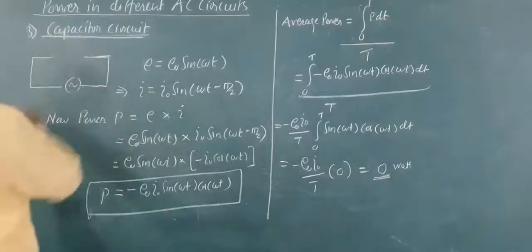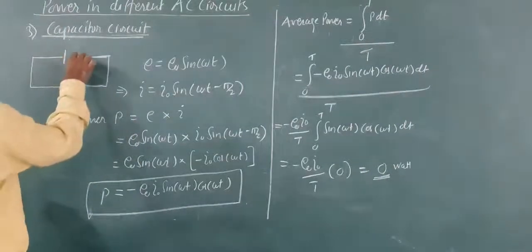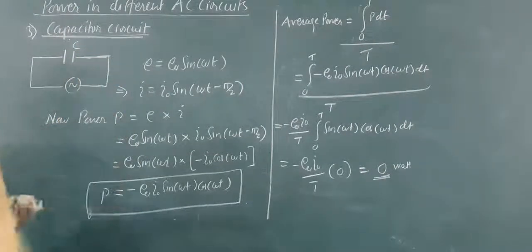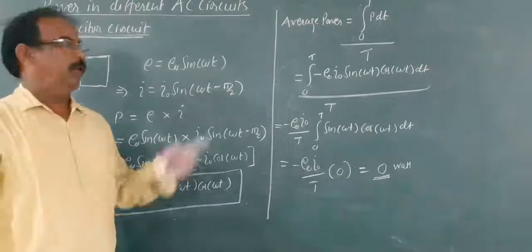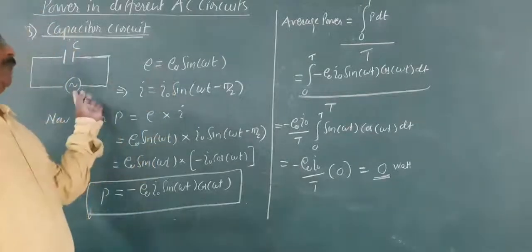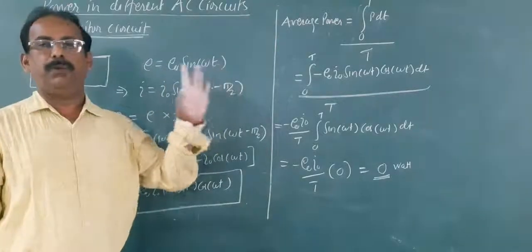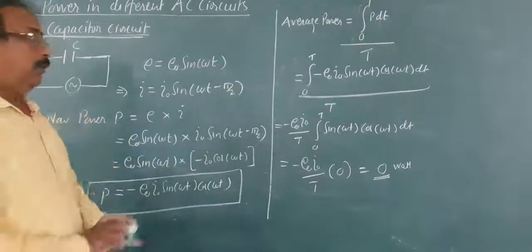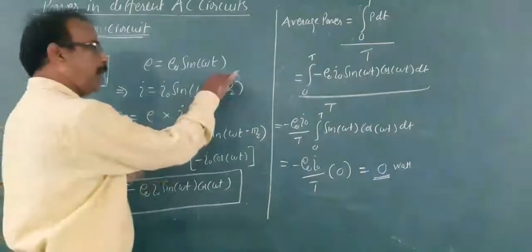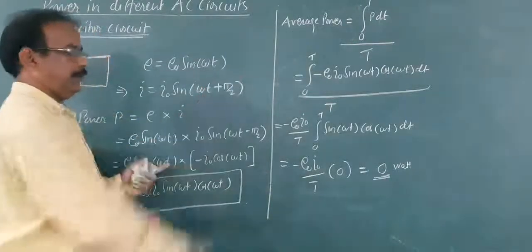Take a capacitor in place of the inductor. This is a capacitor of capacity C. Consider the value of EMF that we get from the source at time t equal to E0 sine of omega t. The equation for current you have to write like this.